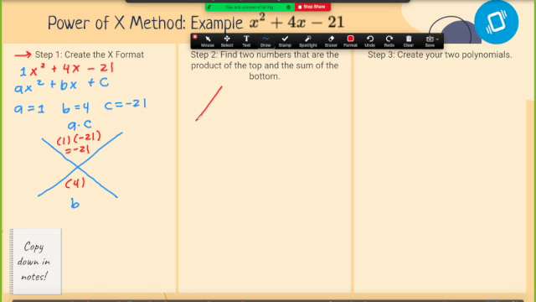So right here on our top is negative 21, and our bottom is 4. Now we need to find numbers that multiply to get negative 21 and add to get 4. So I'll give you time to try and find numbers that multiply together to get negative 21. Then afterwards, you also have to find the numbers that add to get 4.